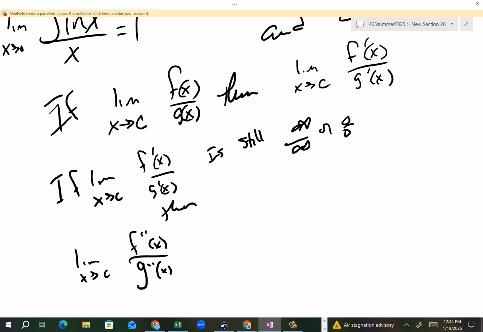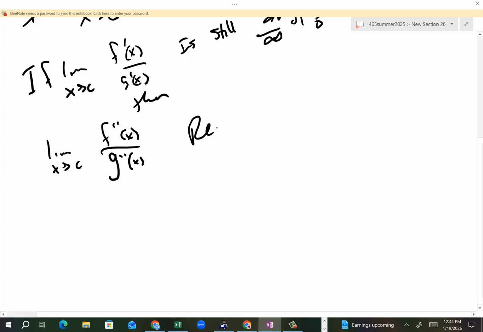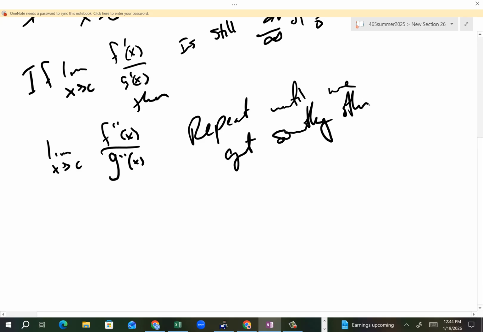Take the derivative. That's how fast they're going. Hey, they're going the same speed. Well, okay, let's take the second derivative. Is one of them accelerating? Oh, that one's going to win. You with me? And we're going to wash, rinse, and repeat until we get something other than 0 over 0 or infinity over infinity. That's the game. It's easy money.